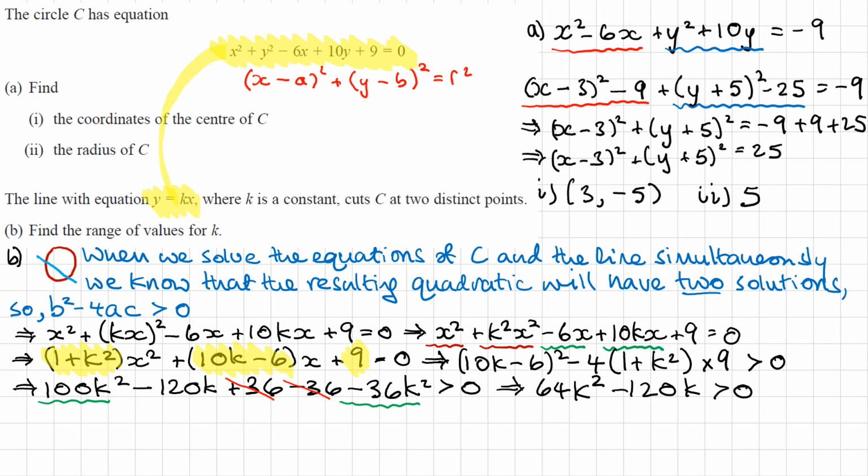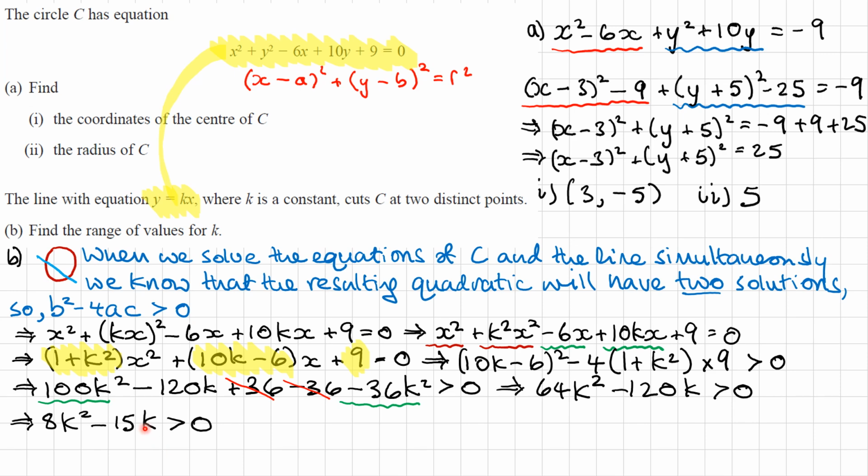Now I can divide both of those numbers by 8. You don't have to divide yet, but I just prefer to be working with smaller numbers. So I would get 8k squared minus 15k is greater than 0.